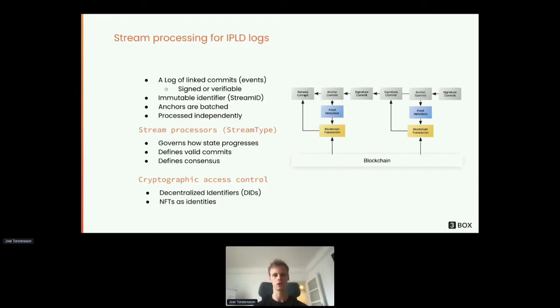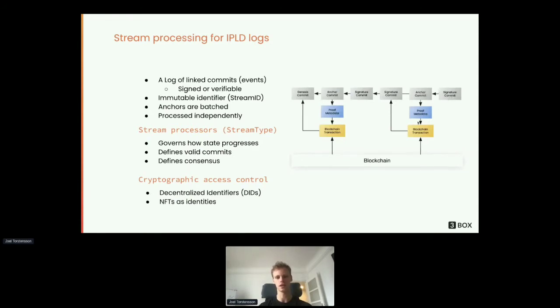And so when a Ceramic node comes onto the network and says, hey, I want to load the latest state of this stream ID, it asks the network, what's the latest update for this stream? Other nodes that store this stream will be able to respond with a hash of the latest state.